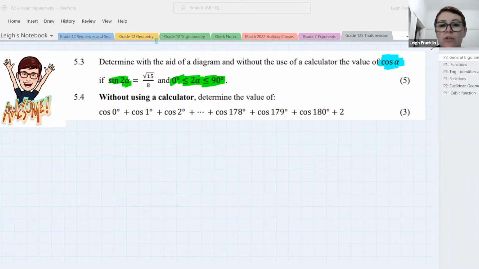Okay, so we can do the theorem of Pythagoras. I'm going to let you guys interpret sine 2 alpha and do the theorem of Pythagoras, and then we'll talk about the next steps after that.